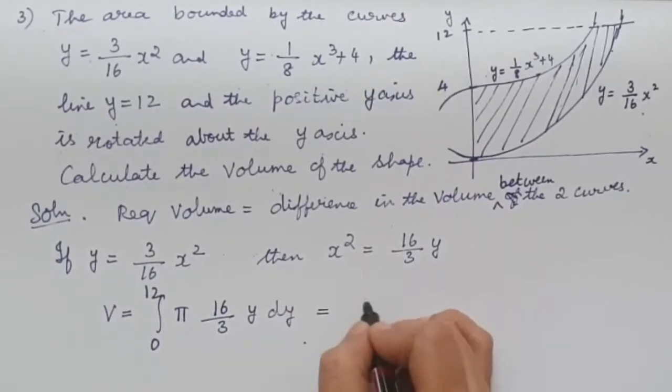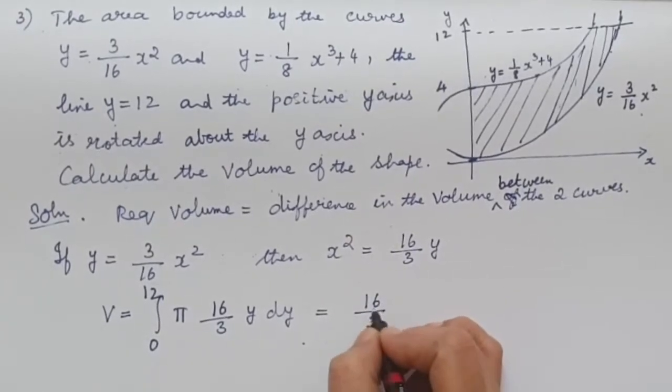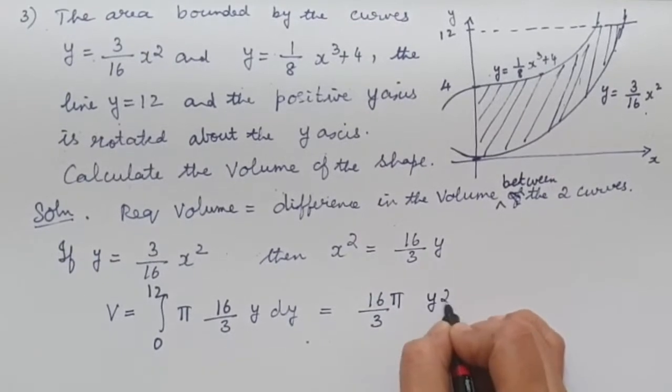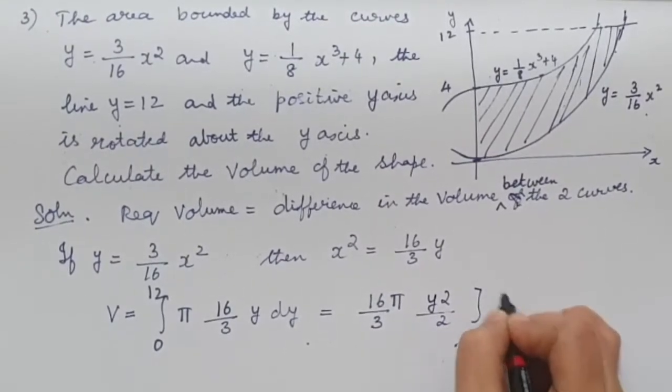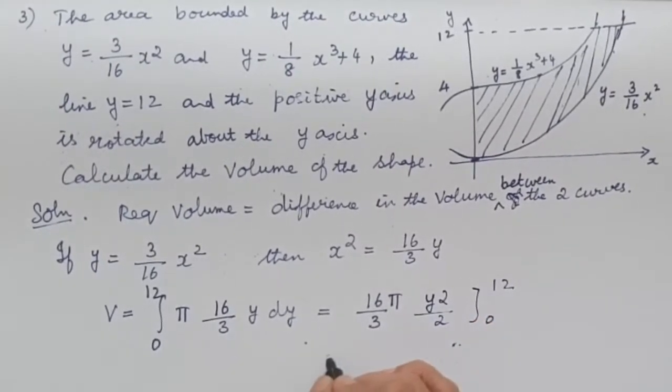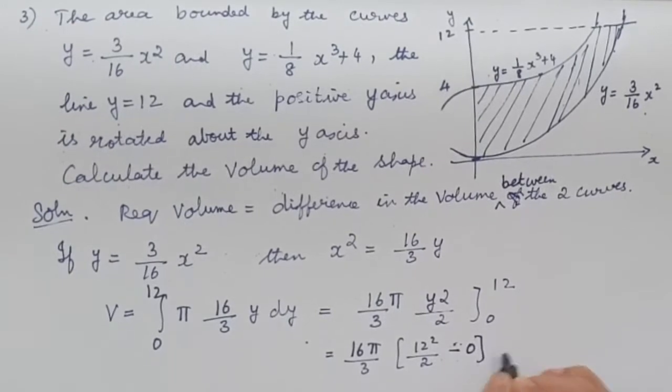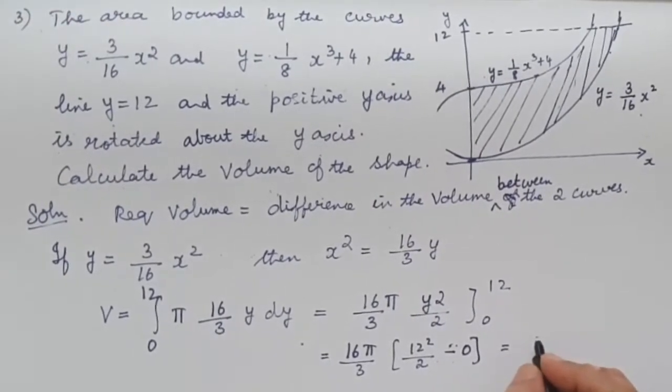So it will be equal to 16 over 3 pi and y, when we integrate, is y squared over 2. The limits are from 0 to 12. So it will be 16 pi over 3 into 12 squared over 2 minus 0. So it will be equal to 384 pi.